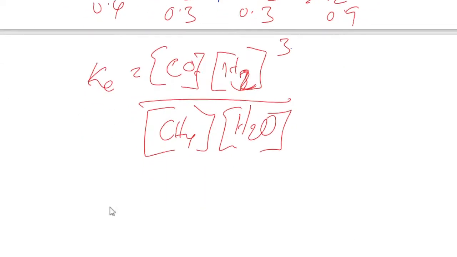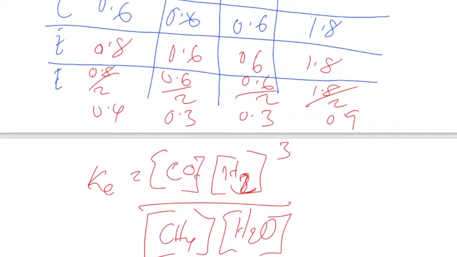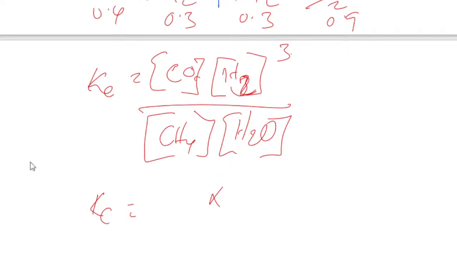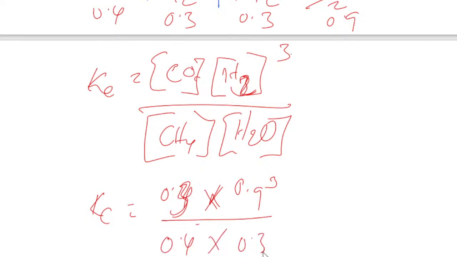From this expression, Kc is equal to carbon monoxide 0.3 times hydrogen 0.9 cubed, over 0.4 times 0.3. So the Kc value becomes 0.82.